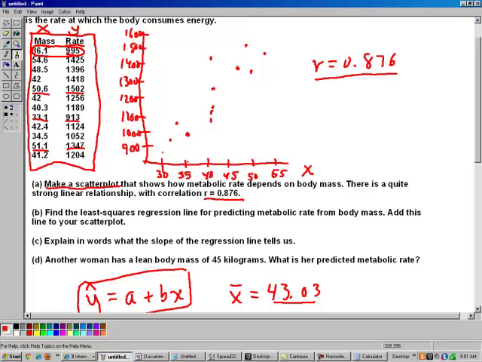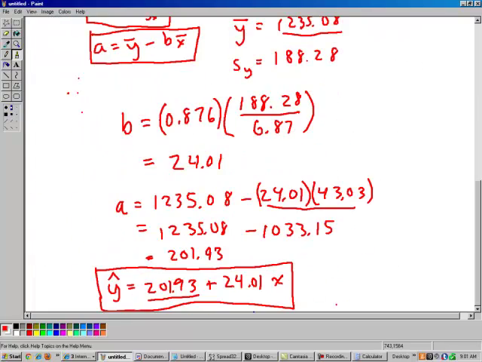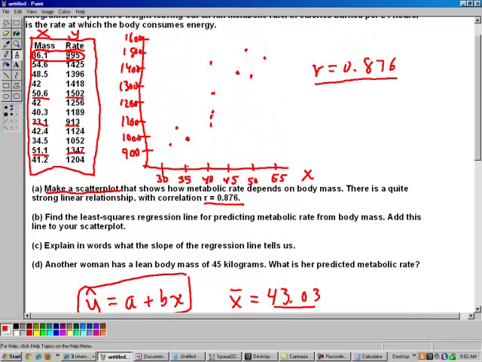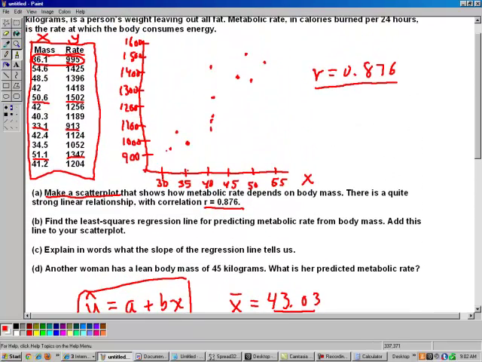And so I will just use the slope here. The slope is 24. So that means every time mass goes up by 1, the rate goes up by 24. So the scaling isn't very helpful here for determining exactly where 24 is.